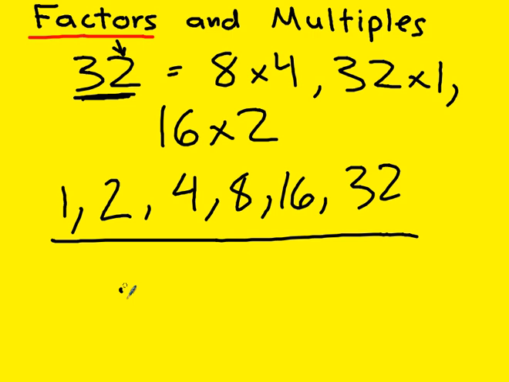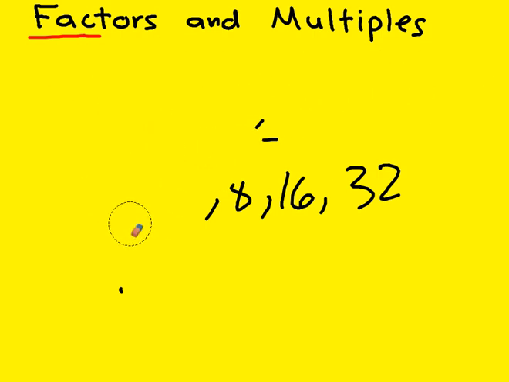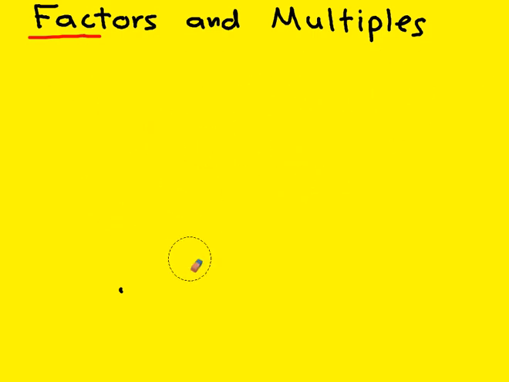Okay? Now, you have a multiplication chart right there in your book. So I'm going to give you another number, and you're going to tell me what the factors are of that number. I'm going to give you the number 26.